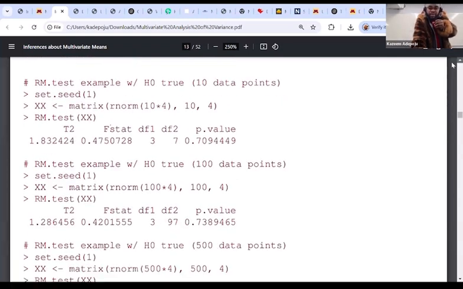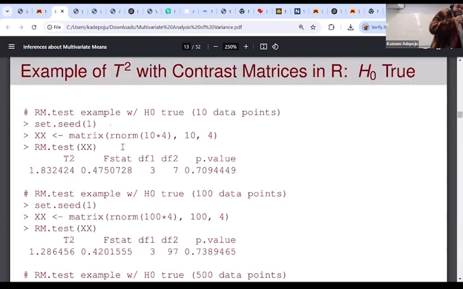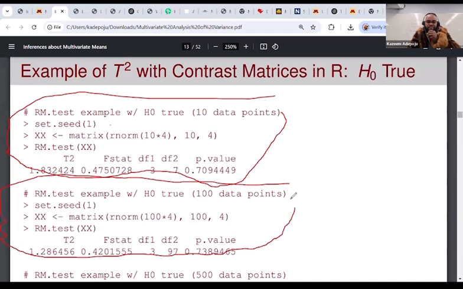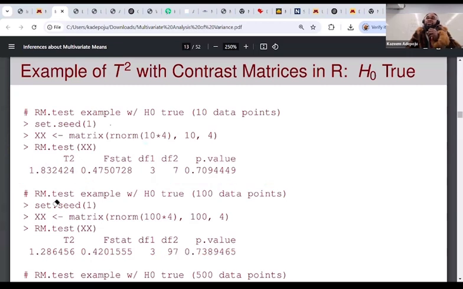Now, take a look at what I've done here. This is for 10 data points, and you can see the p-value to take a decision. For 100 data points, you see the p-value to take a decision. For 500 data points, because it depends on your data size, I mean the number of observations.